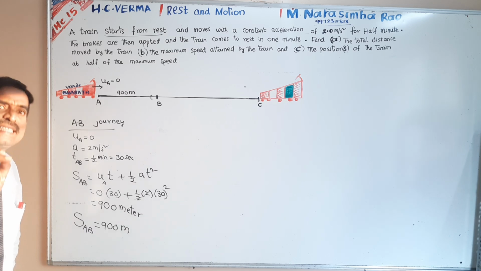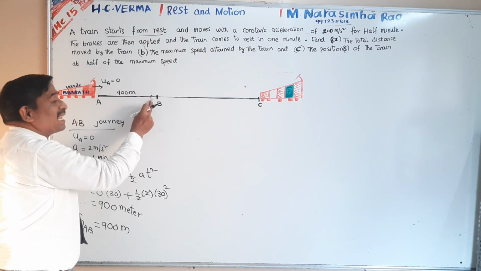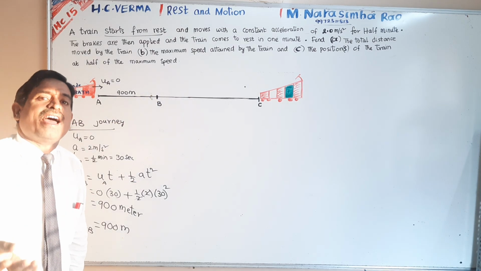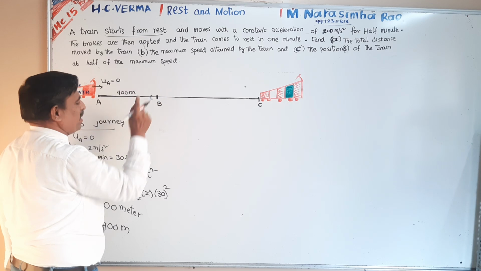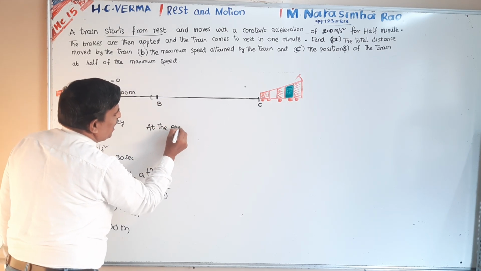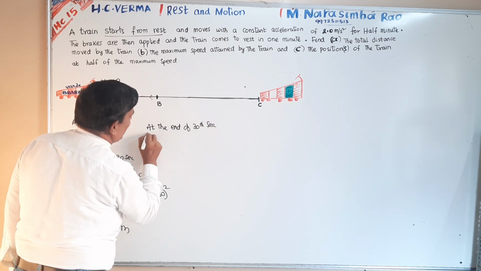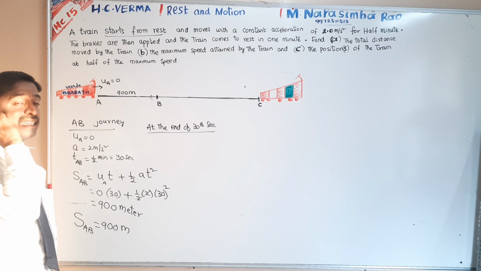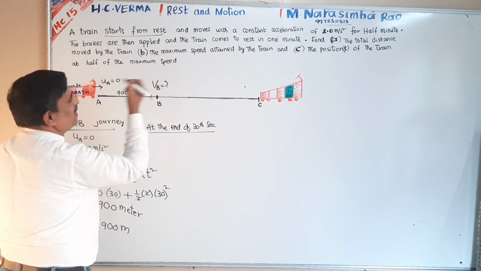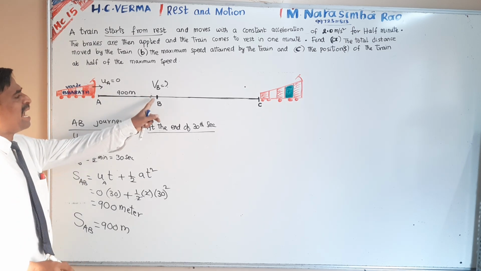Now, please listen here. It is starting from rest and traveling for 30 seconds. At the end of the 30th second, what is the velocity I am finding at this point? Starting from rest, it is traveling 900 meters.